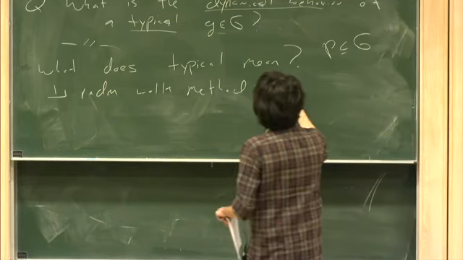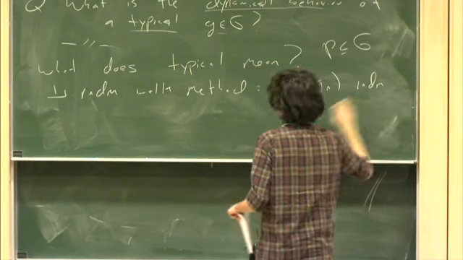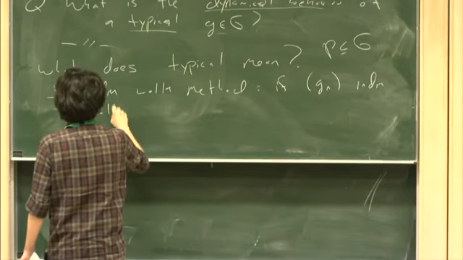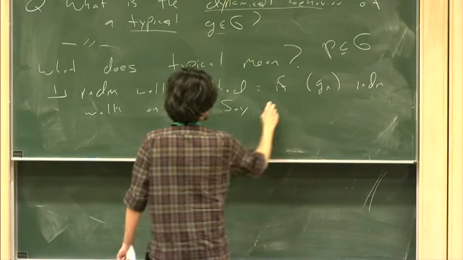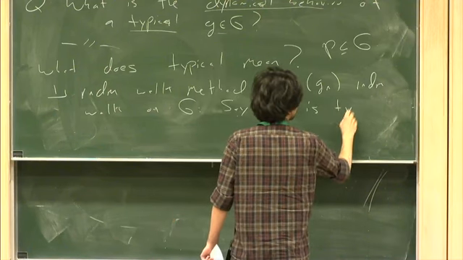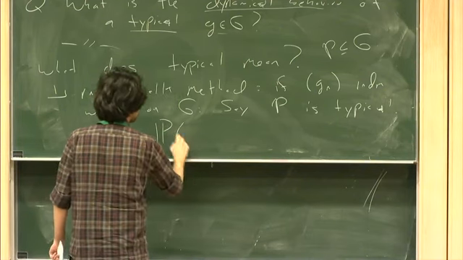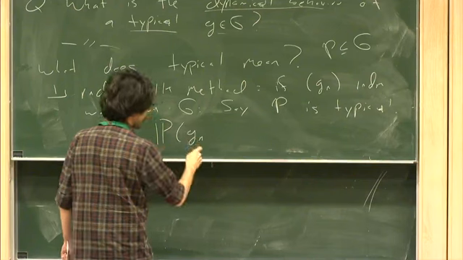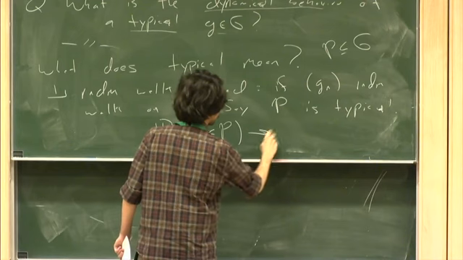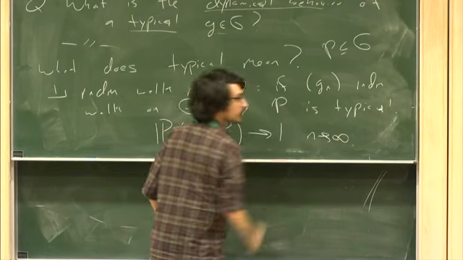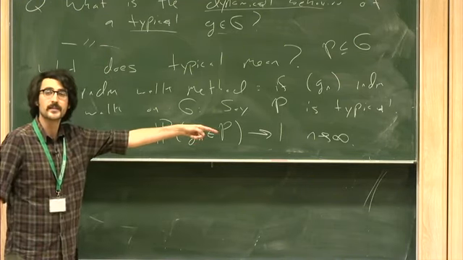So the random walk method: if I have G_n, a random walk on G, I'll say P is typical if the probability that the nth step of the random walker is in the set P goes to 1 as n goes to infinity.